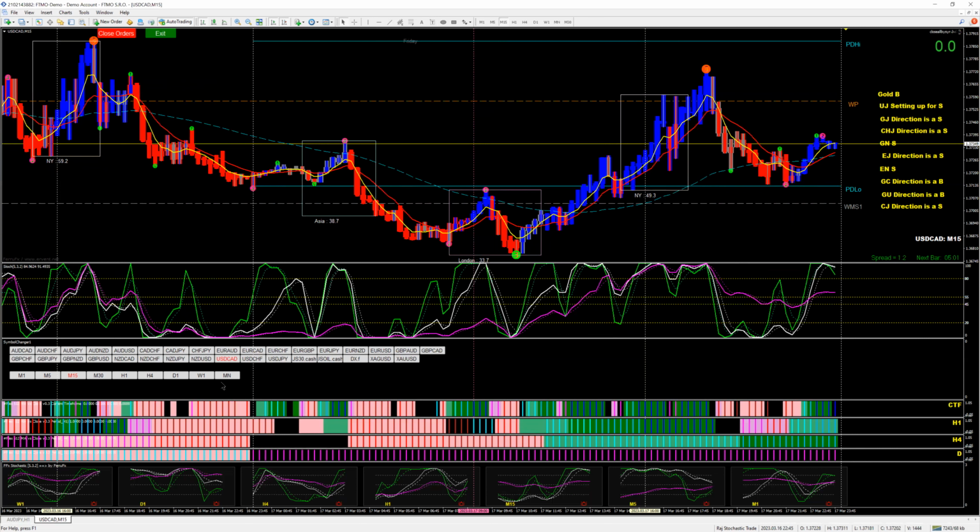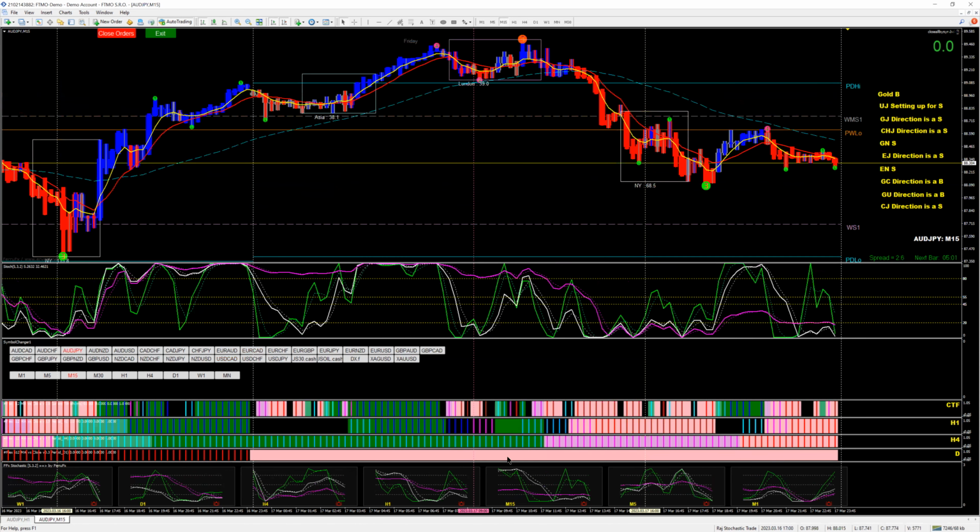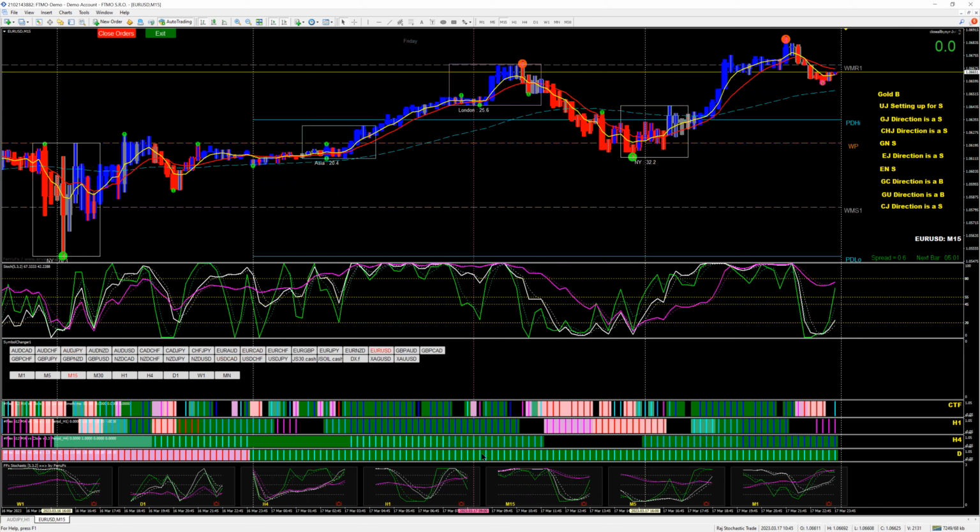Then EuroCAD, same thing, not set up. Aussie yen, stochastic is not set up on the daily. Euro dollar is set up for a buy.